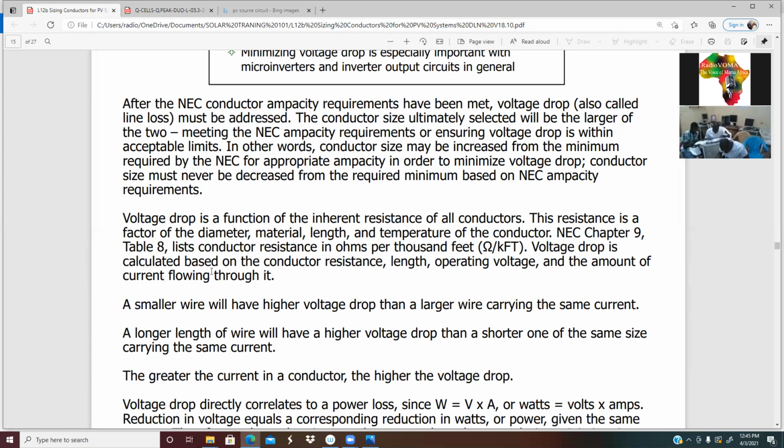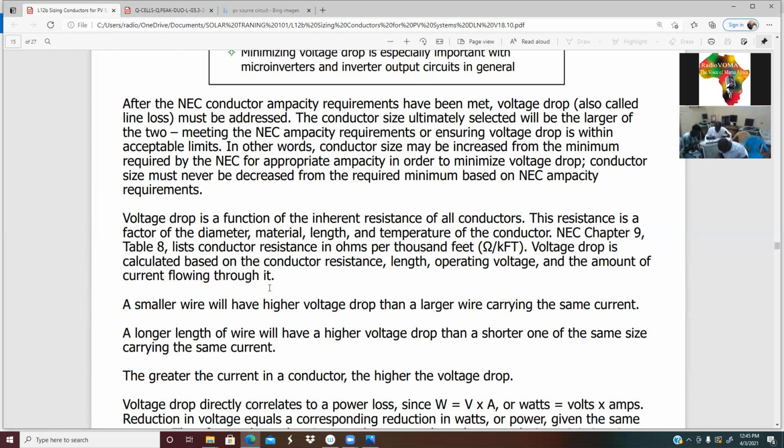Voltage drop is calculated based on the conductor resistance, the operating voltage, and the amount of current flowing through it. So what does NEC Chapter 9 Table 8 say? It tells you the resistance per 1,000 feet, not so?